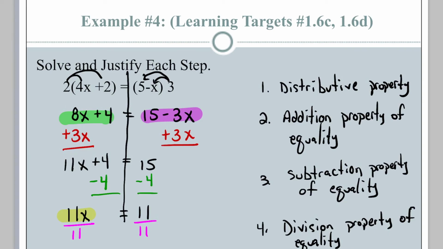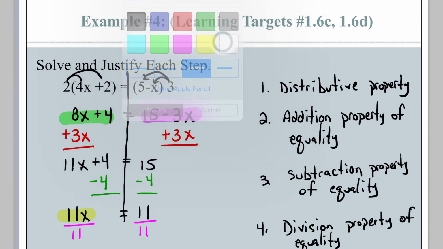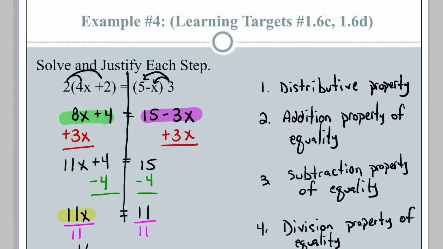And so when I use the division property of equality, 11 divided by 11 is 1x equals 1.